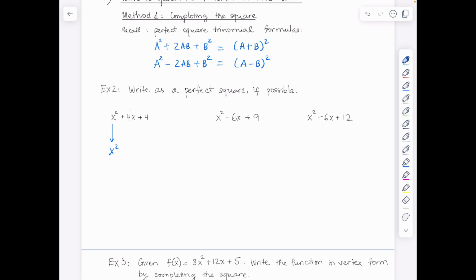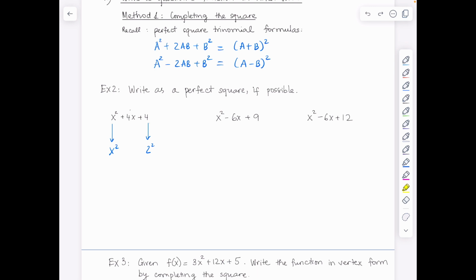The second step is to look at the last term to see if you can write that as something squared. 4 is a perfect square. In fact, it can be written as 2 squared. Now, for the middle term, we are supposed to use the first formula since both signs are plus signs. And in that formula, the middle term is 2ab.